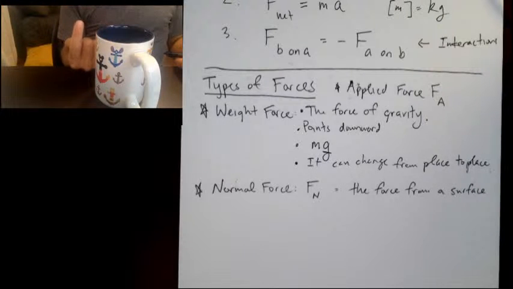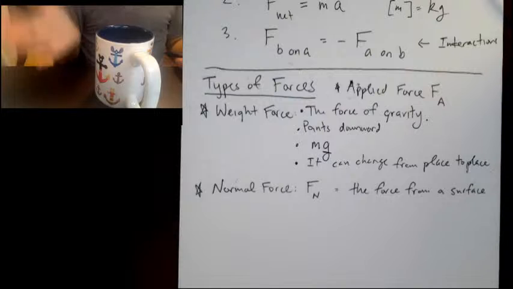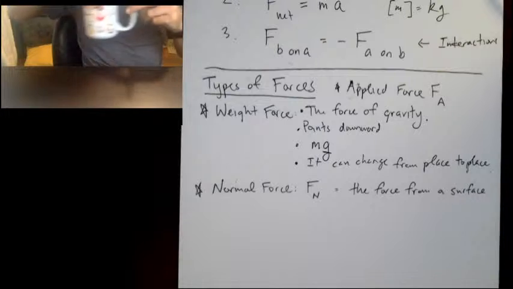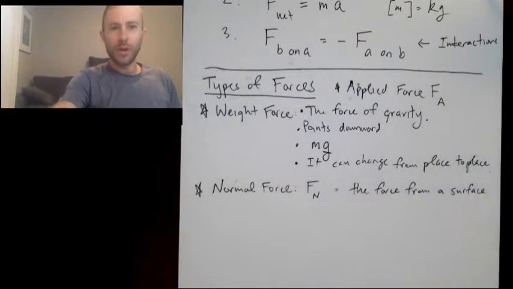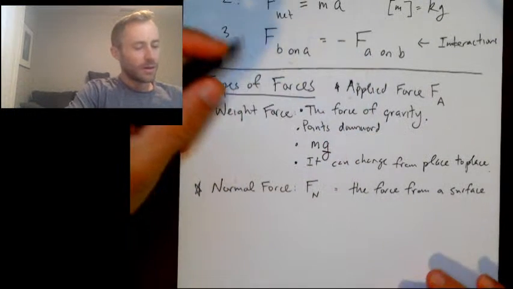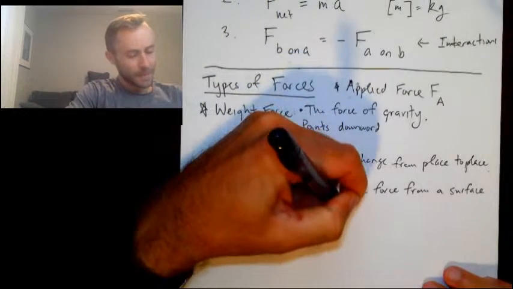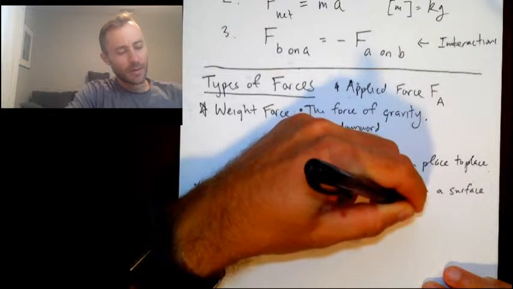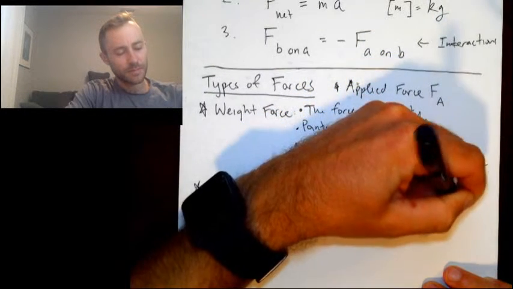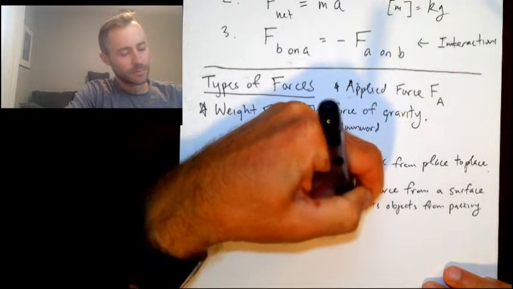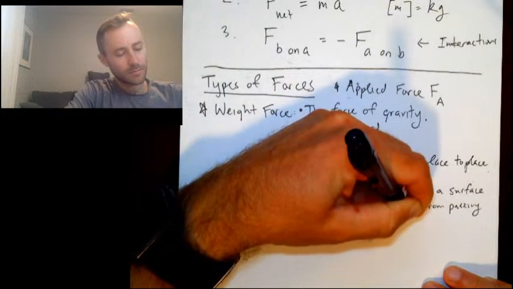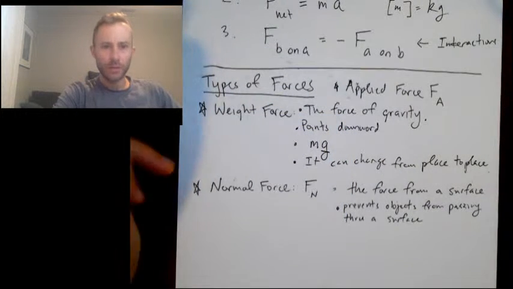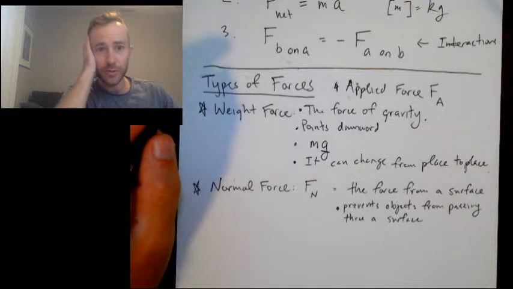If we only had the downward weight force but no normal force pushing back up, then the cup would accelerate downward through the floor. So the normal force prevents objects from passing through a surface.